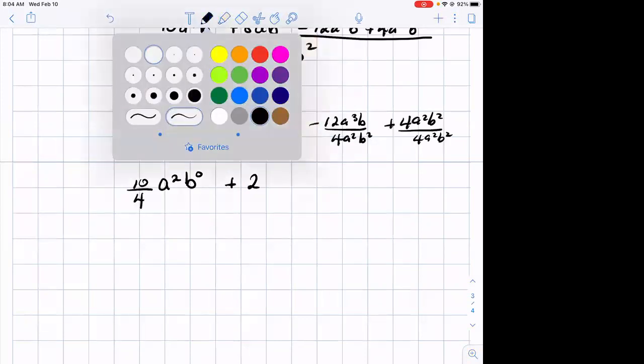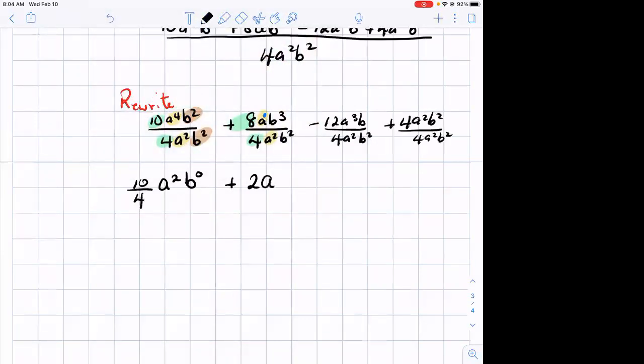So when you subtract, this becomes a to the negative 1 power, right? 1 minus 2 is negative 1. And b, 3 minus 2 is 1. So I'm getting this negative 1 because it's a to the 1 power minus 2 power, which is equal to a to the minus 1. That's where I'm getting that from.